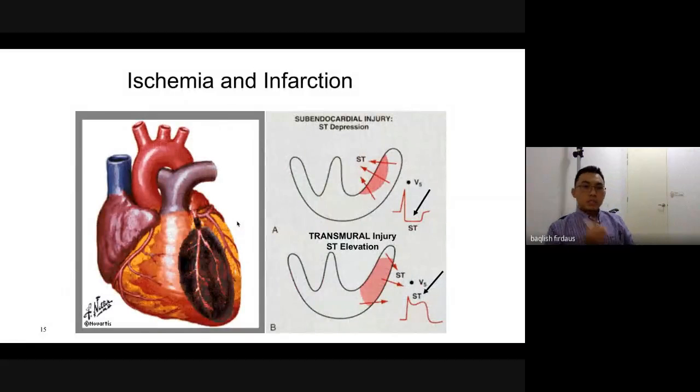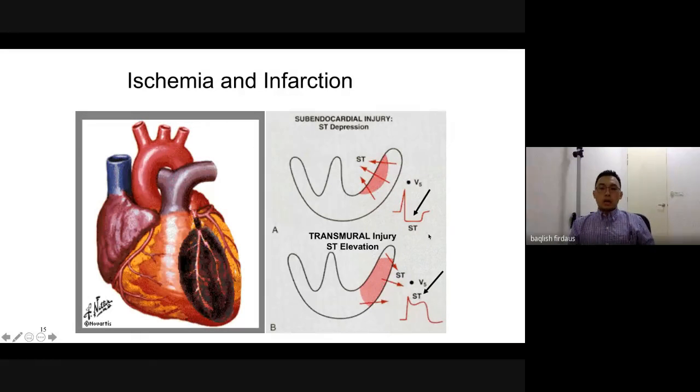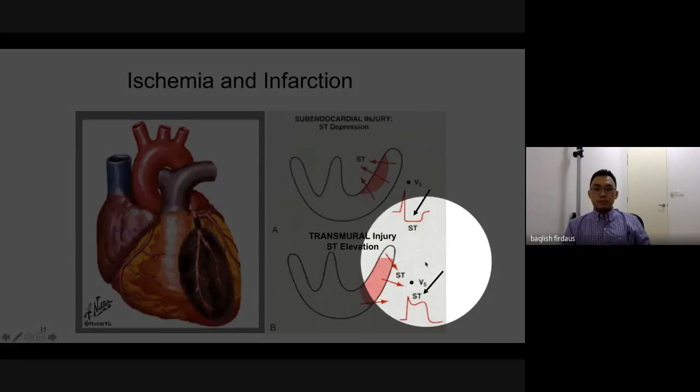Then we come to ischemia and infarction. In ischemia, there is subendocardial ischemia or transmural injury. Subendocardial ischemia will lead to ST depression on ECG. However, in transmural ischemia, there will be ST elevation.